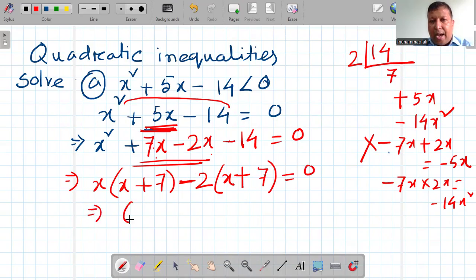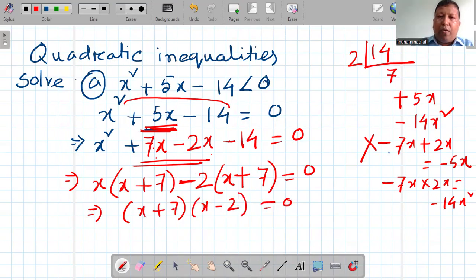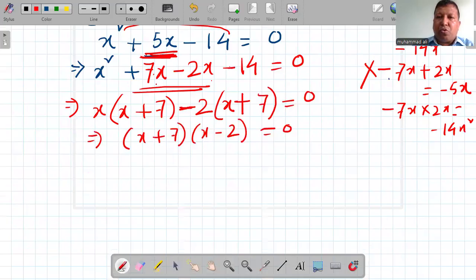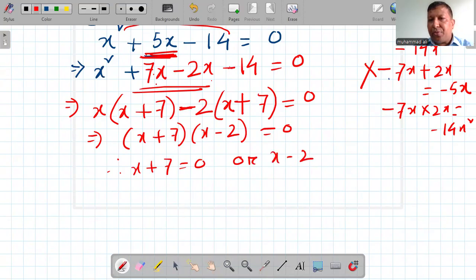Now, x plus 7 into x minus 2 equals 0. If the product of two factors equals 0, we can write x plus 7 equals 0, or x minus 2 equals 0. Therefore, x equals minus 7 and x equals 2.